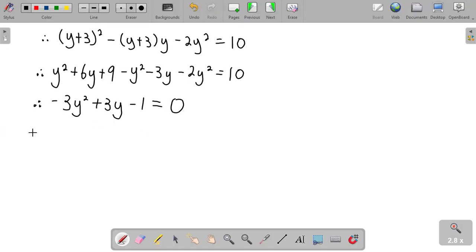So then it's going to be 3y squared minus 3y plus 1 equals 0.